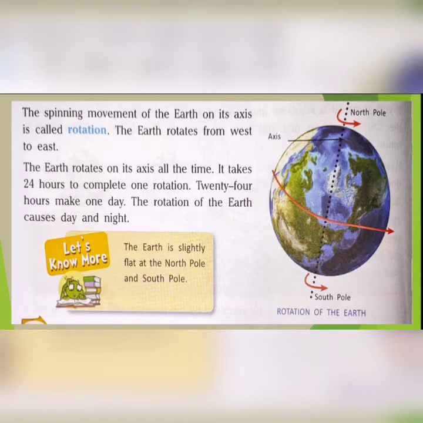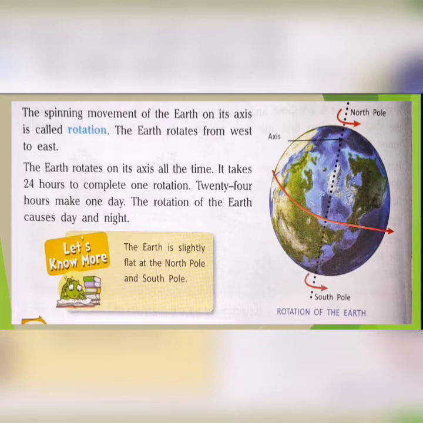See, this is the imaginary line passing through the center from the North Pole to the South Pole. It is called the axis of the Earth, and our Earth moves about this axis on a particular path.